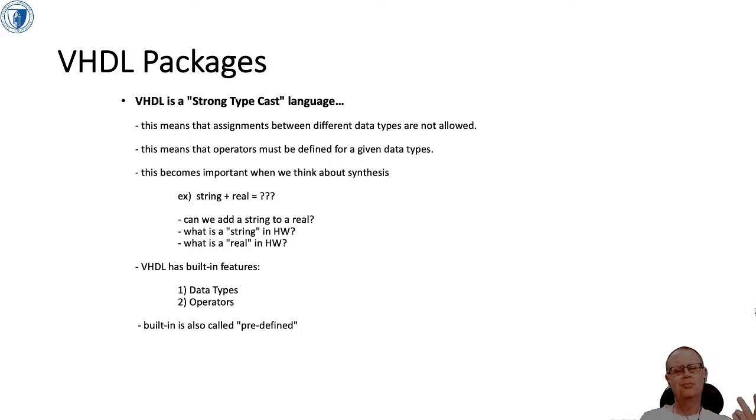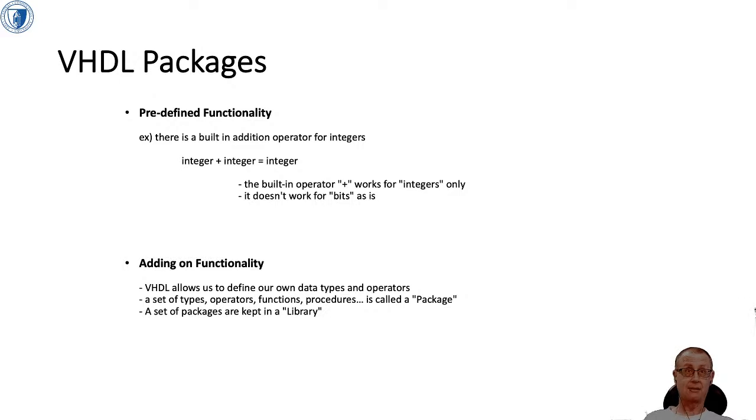That sometimes doesn't even make sense in a normal programming language. But now remember, we're pushing it out to silicon, and it's actually going to the hardware. So what does a string mean in hardware? What does a real value mean in hardware? So we've got to think about these things.